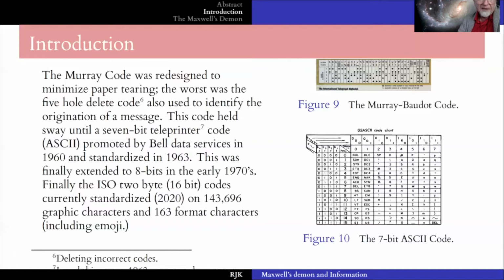And this was finally extended to 8 bits in the 1970s, and at last in 2020, literally right now, we've been using it for quite a long time, but the ISO 2-byte 16-bit codes are standardized on 143,696 graphic characters and 163 formatting characters, and also many of those 143,700 include emoji.